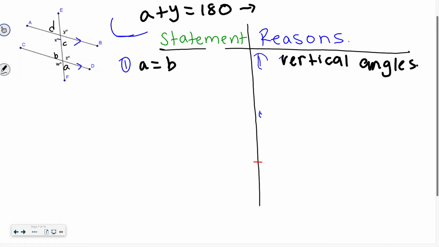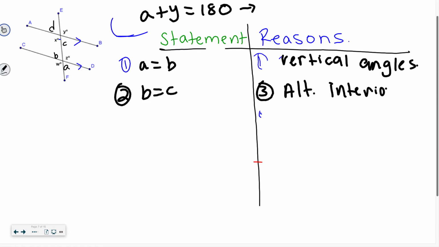I know that B is equal to C. And how do I know that piece? That is the alternate interior angle theorem. Alternate interior angles are equal.